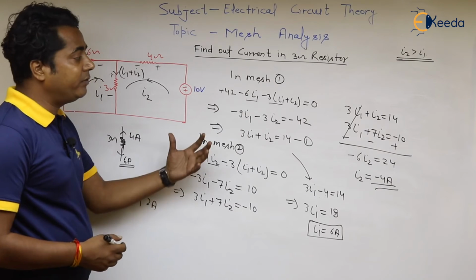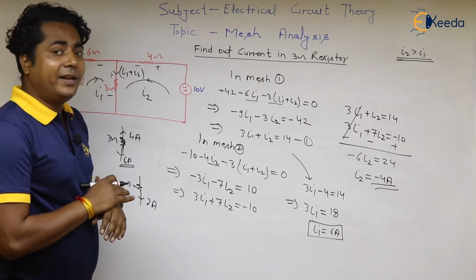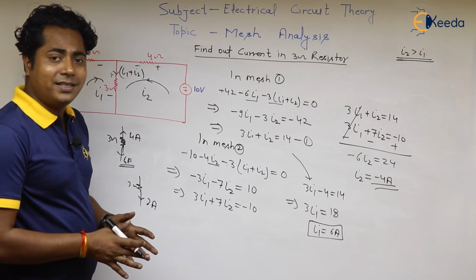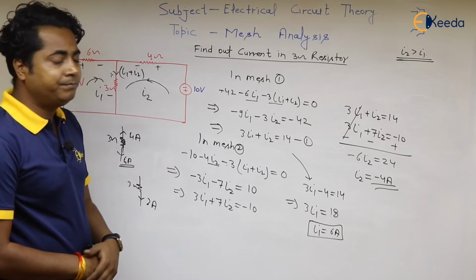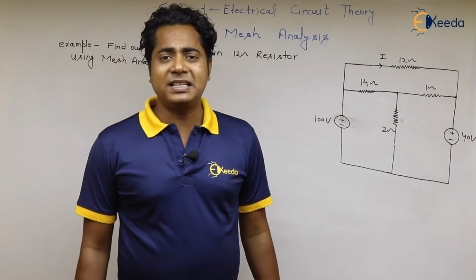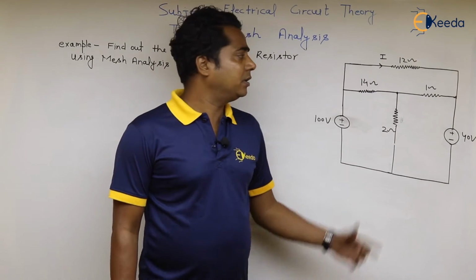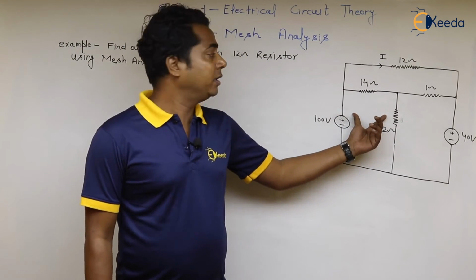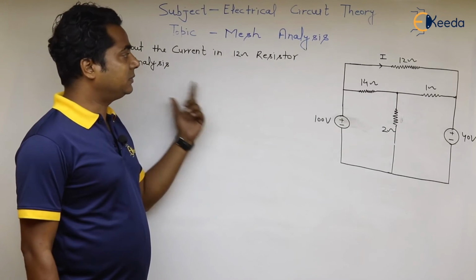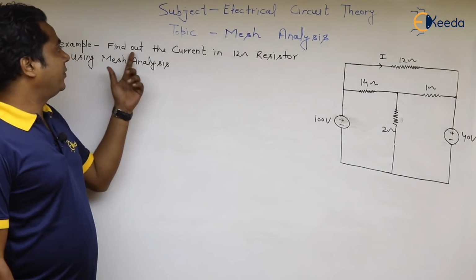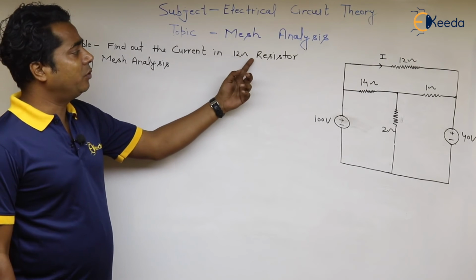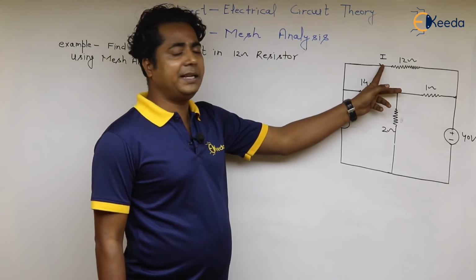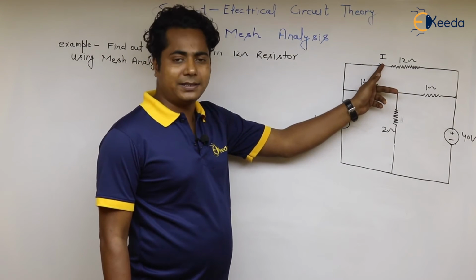We compared both ways. We know that we can assign any current direction in mesh analysis. We are understanding mesh analysis with the example given in the figure. In this question, find out the current in the 12 ohm resistor. The value of I we have to calculate through mesh analysis.